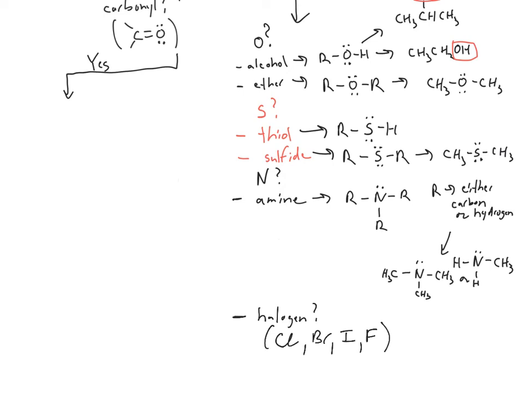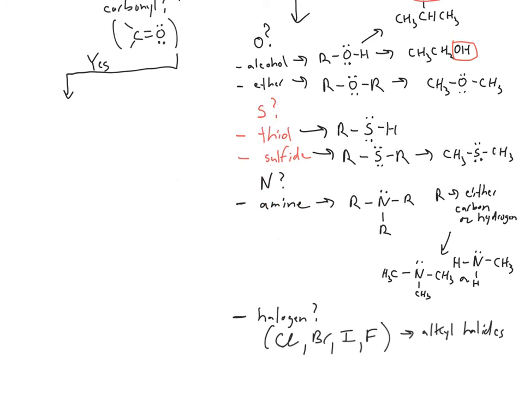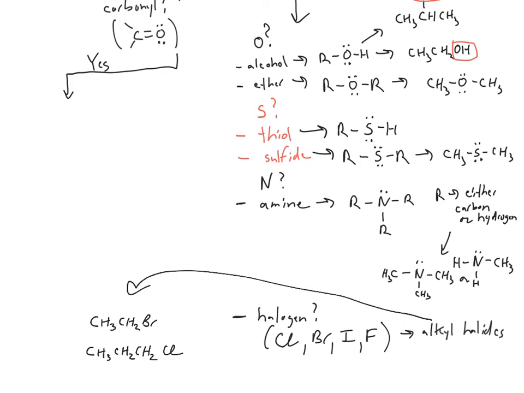Well, those are called alkyl halides. So some examples of those, similar to what you've seen above. That would be an alkyl bromide. That would be an alkyl chloride.